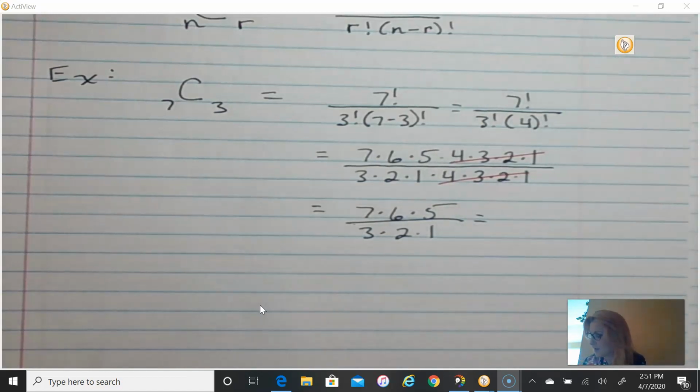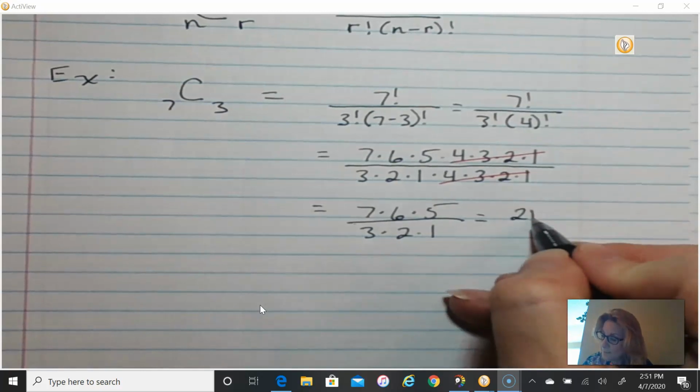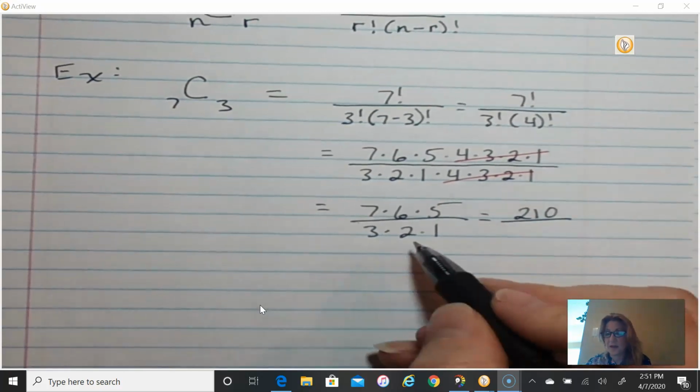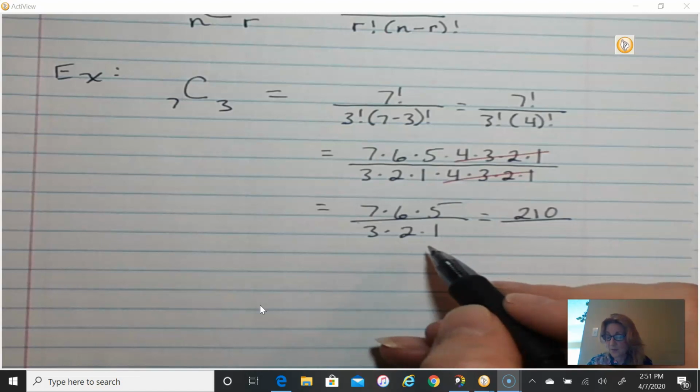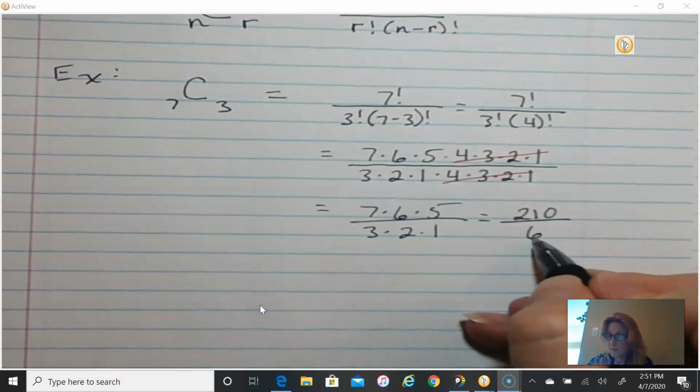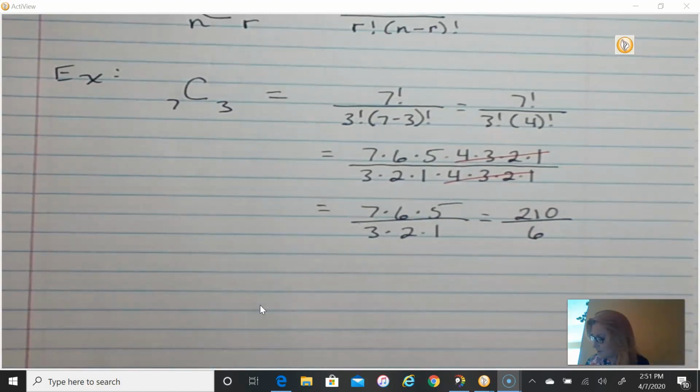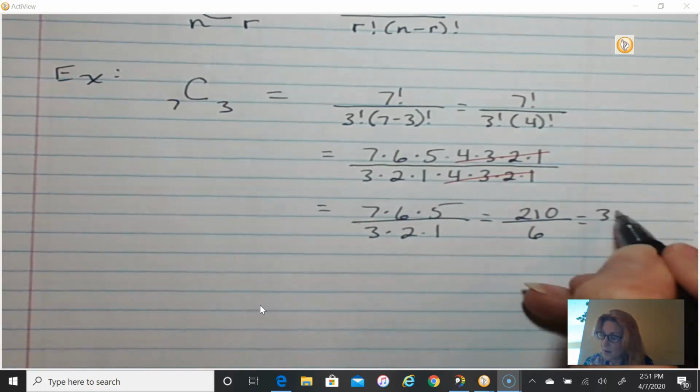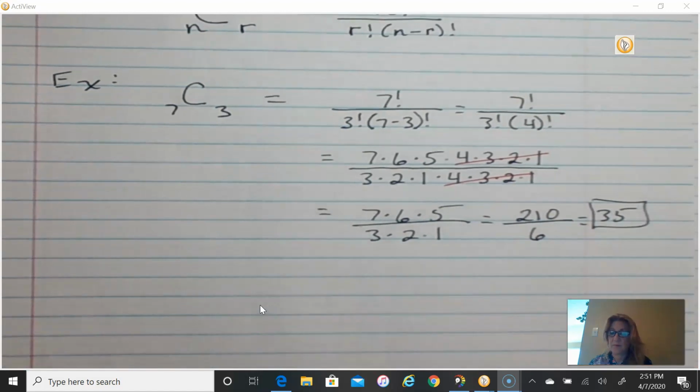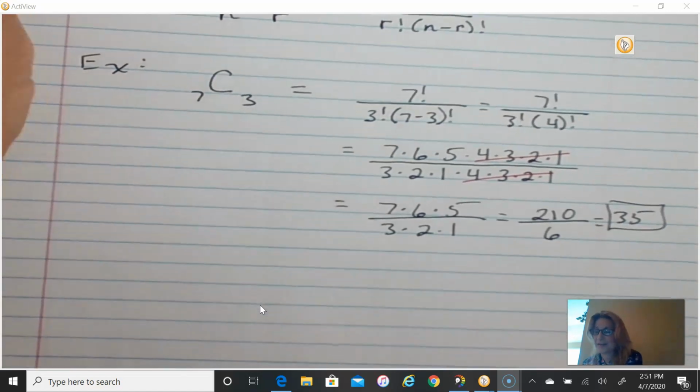You can use your calculator. I'm going to show you a trick in a minute. 7 times 6 times 5 equals 210 over what's 3 times 2 times 1. Divide 210 by 6 and you get 35. Okay, that's how you do that. However, there's a trick.